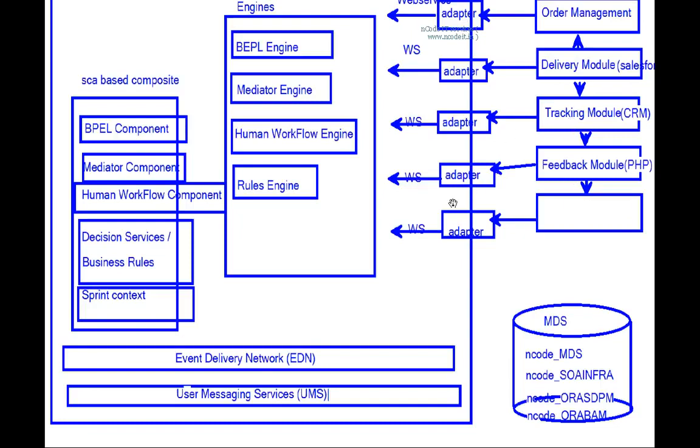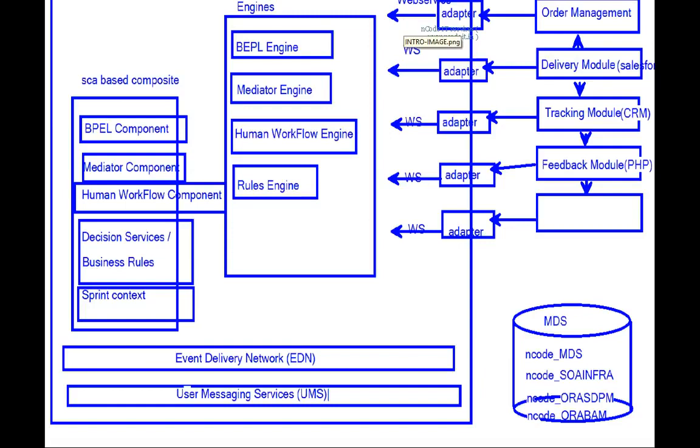This adapter will be on our SOA infrastructure. As an administrator, you will be installing and configuring these adapters. Once the adapter is installed, each of these services is exposed as a web service. The moment it's exposed as a web service, you can talk to it using XML.